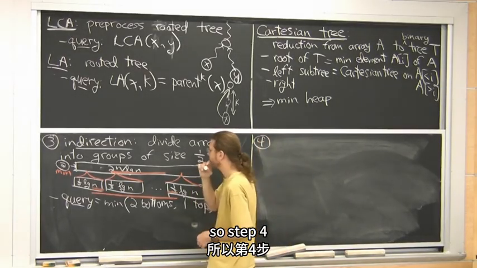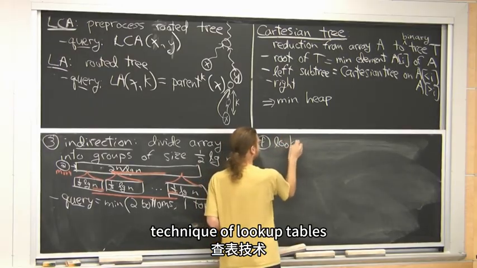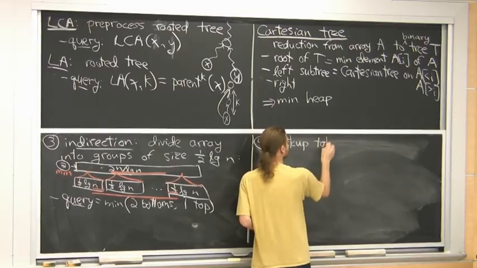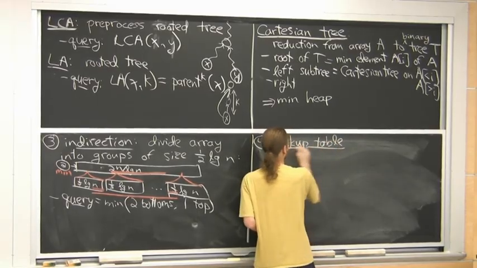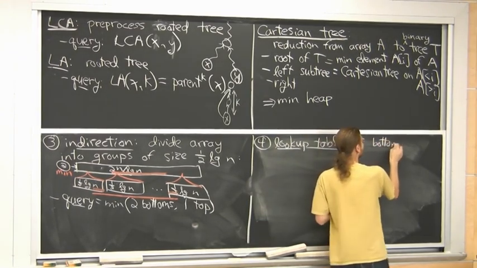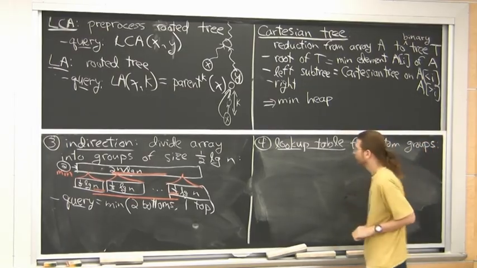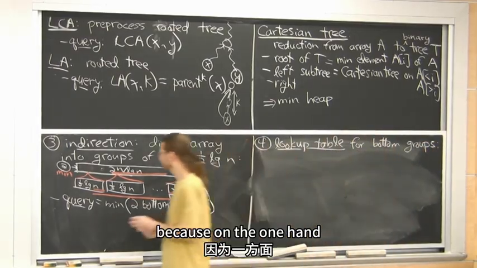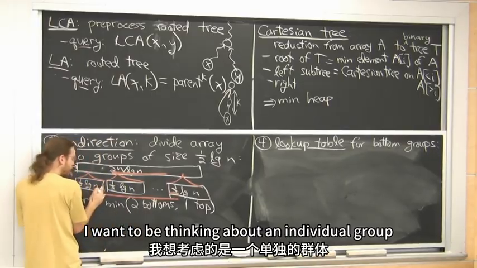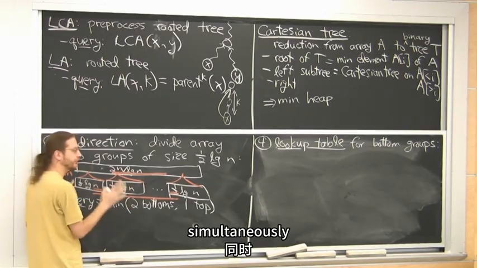So step 4, this is where we're going to use the technique of lookup tables. For bottom groups. This is going to be slightly weird to phrase because on the one hand I want to be thinking about an individual group, but my solution is actually going to solve all groups simultaneously, and it's kind of important.